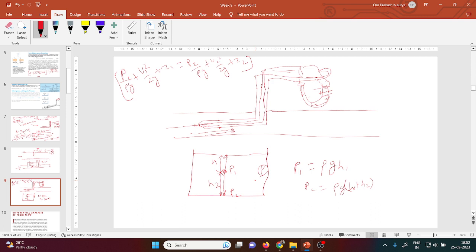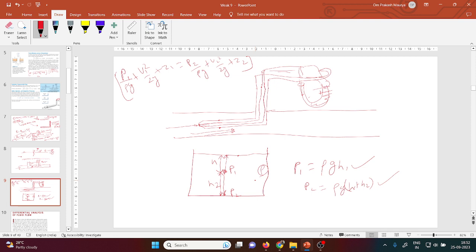So here is what is happening. In the hydrostatic case, as your height increases, say at one point the height was 0 but at that point it is h1 plus h2, your pressure increases with the height.